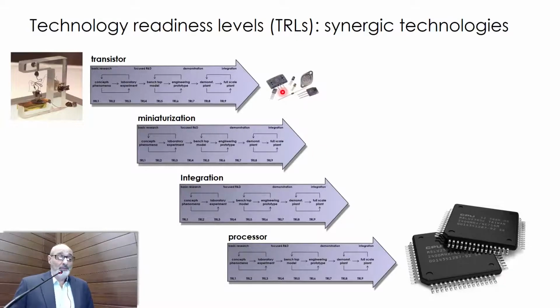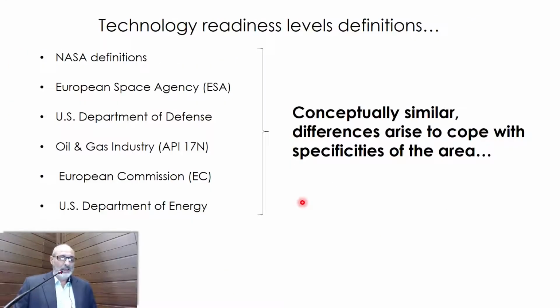A CPU is actually a million transistors, but you need miniaturization, you need integration, and of course you need processing. So it's not linear. It may, and it should, integrate other technologies that are evolving as well. So that's the whole point.